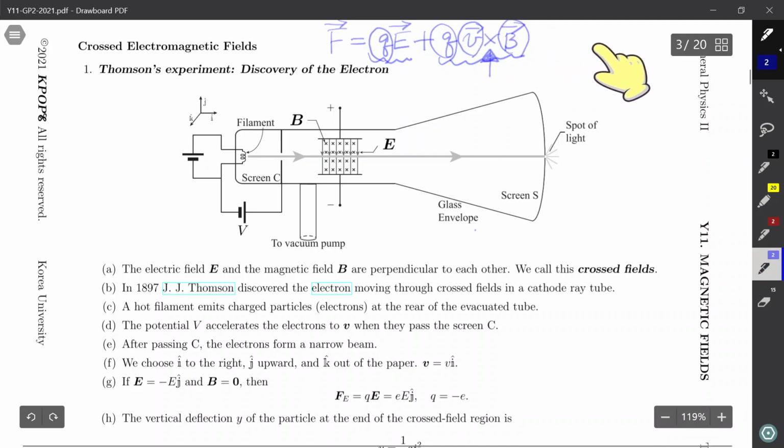And we must have some perpendicular component with respect to the magnetic field. So I mean the angle between the velocity and B is not equal to 0 or 180 degrees.